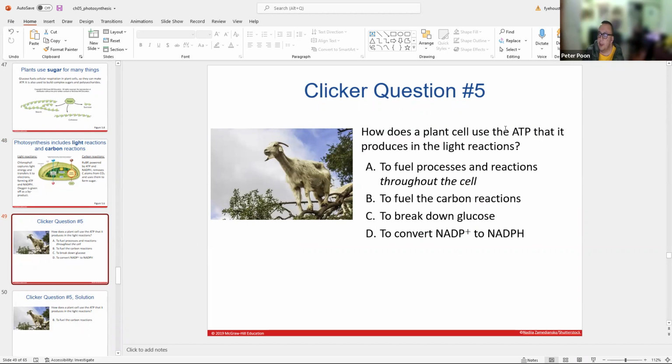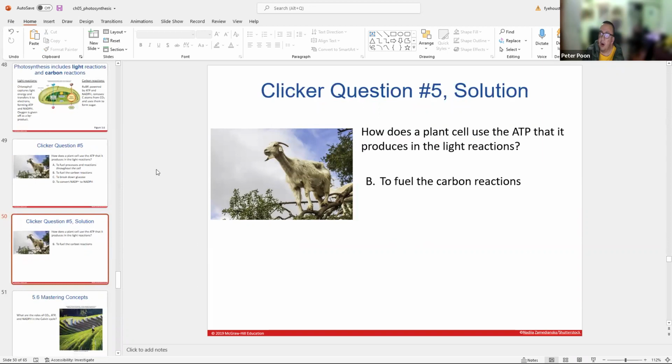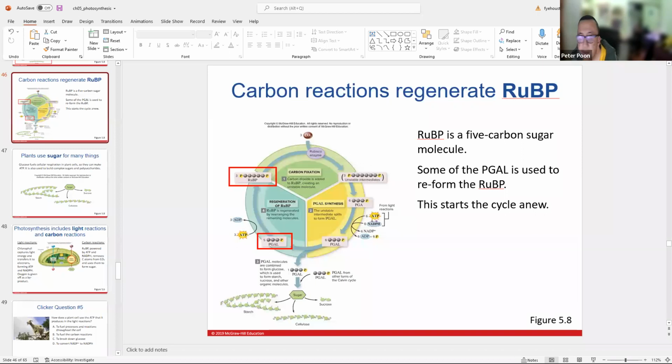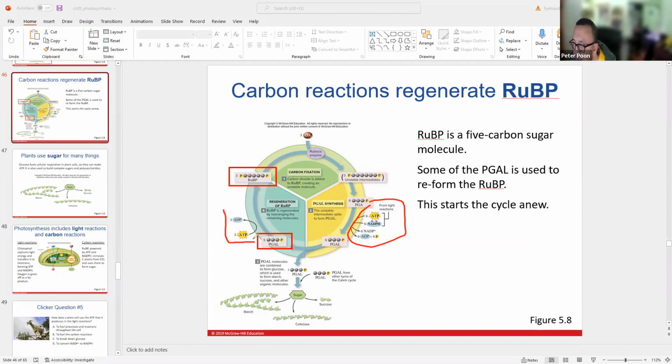The plant cell uses the ATP produced by the light reactions to fuel the carbon reactions. Let's go back. I use my ATP and my NADPH here, and my ATP here.